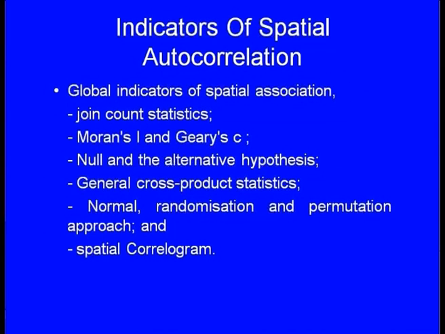Indicators of spatial autocorrelation. These could be global indicators of spatial association, that is join count statistics, Moran's I and Geary's C index, null and alternate hypothesis, general cross product statistics, normal randomization and permutation approach, and spatial correlograms.